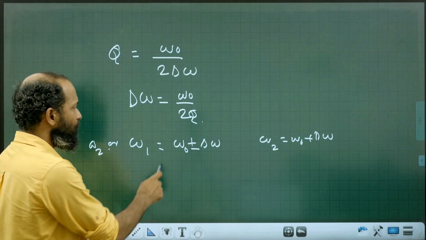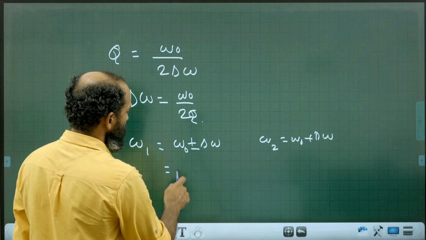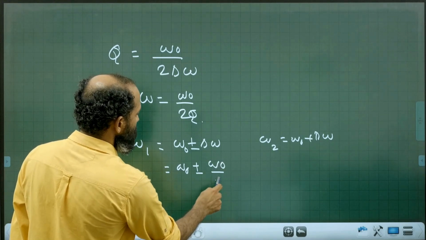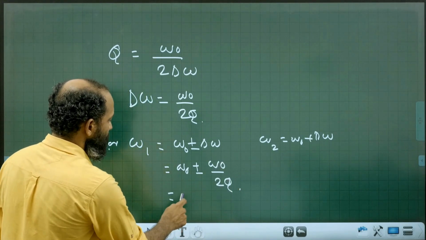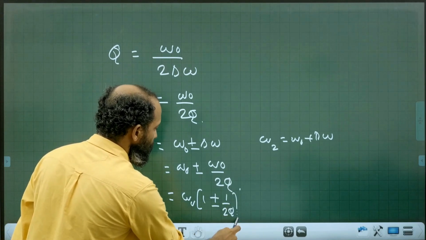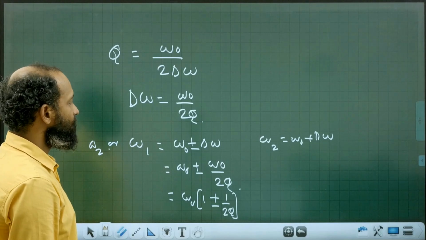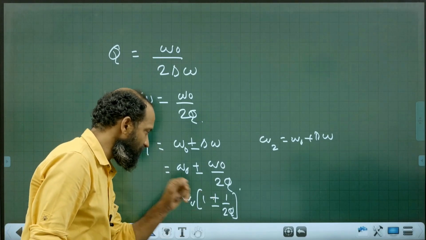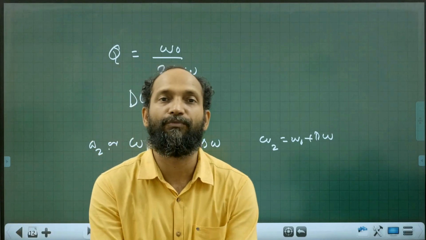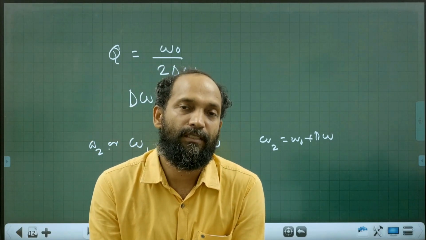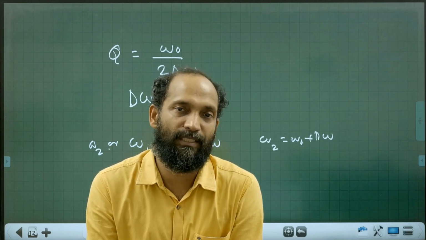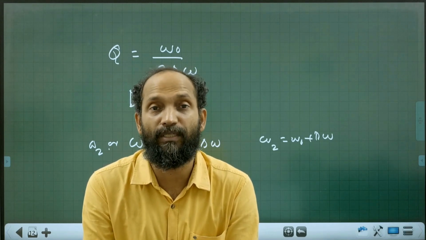Omega 0 plus or minus delta omega. What is delta omega? Omega 0 by 2Q. That is omega 0 into 1 plus or minus 1 by 2Q, the formula for the half power frequencies: one with the plus, the other with the minus. The difference of half power frequencies will give you the bandwidth. Bandwidth is a very important topic.